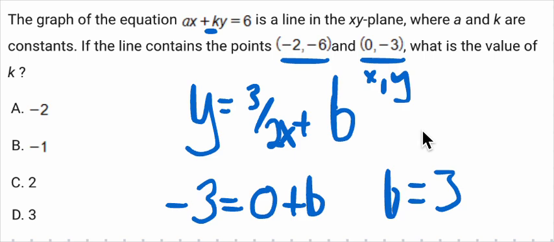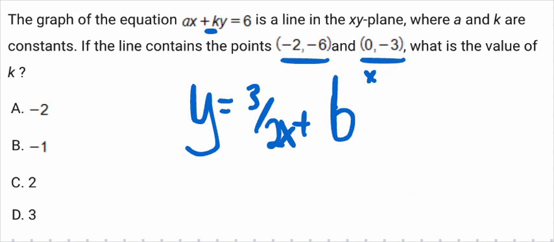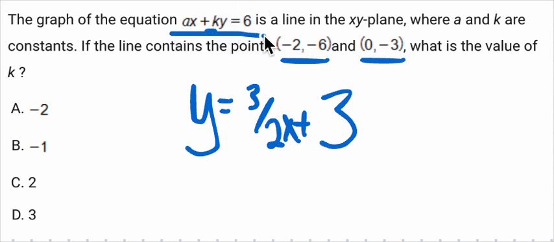All right, so remembering that my slope was 3/2, and now my y-intercept is 3, I can go ahead and write that equation in slope-intercept form now. So y equals 3/2 x plus 3. Now I want to get it into this form, though. So I'm going to move my term with the x over.